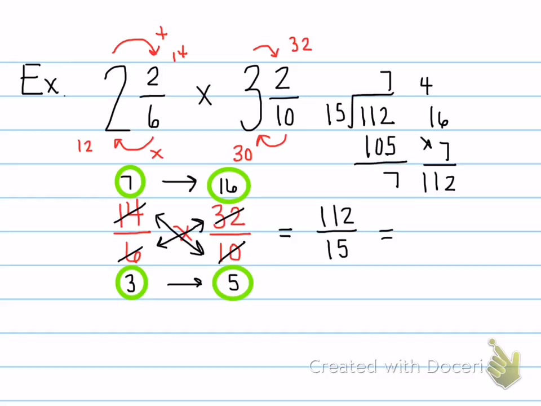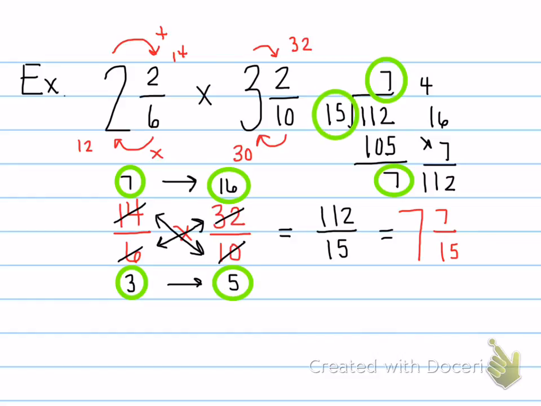When I subtract, I get 7. So I see my mixed number is 7 whole times. That comes from the 7 up here. My numerator will be 7. That comes from my remainder down here. And my denominator is 15 because I divided by 15.